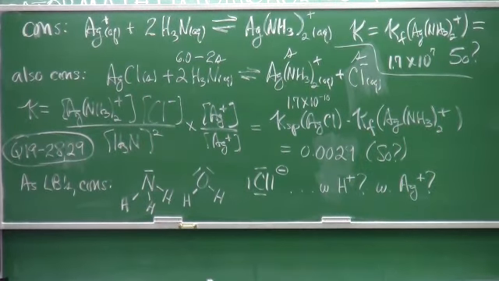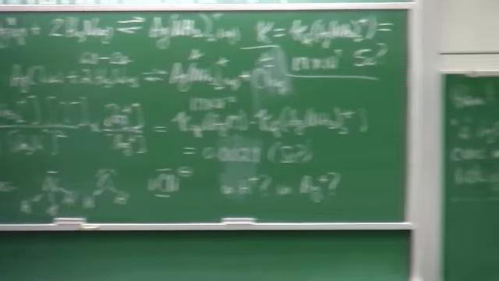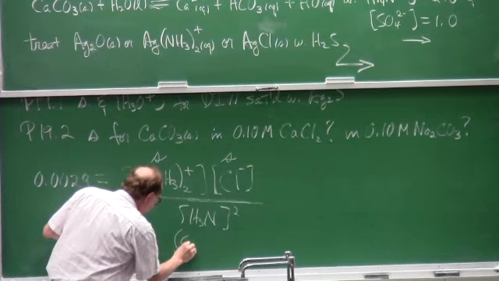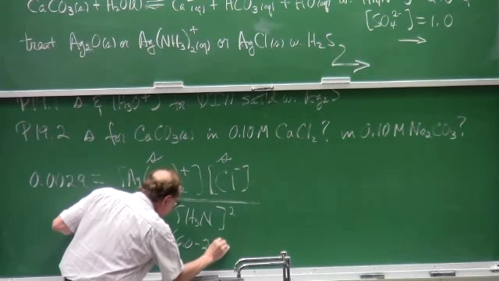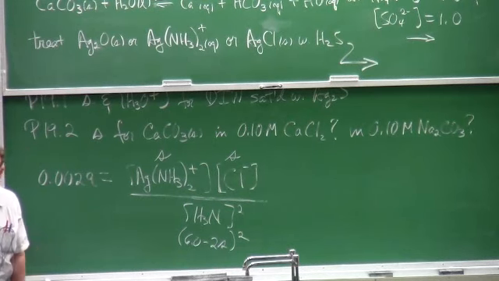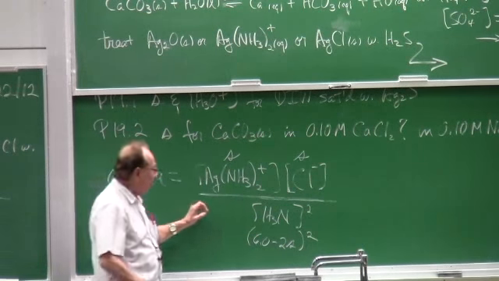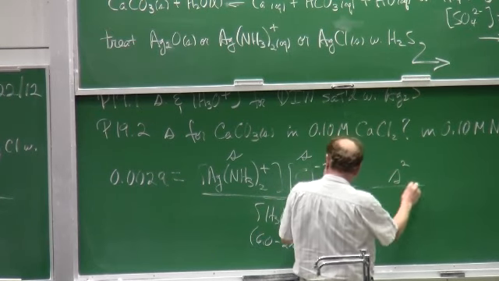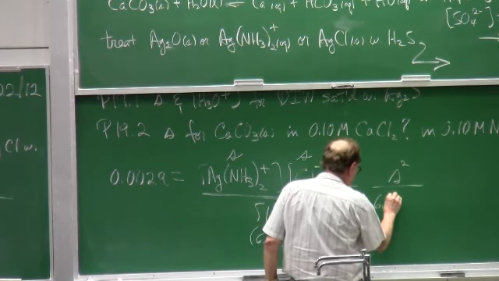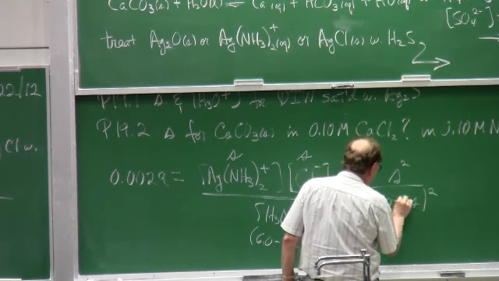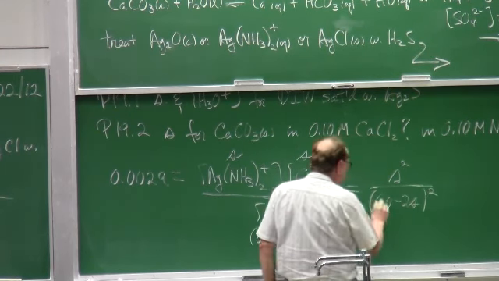So we go back to our equilibrium expression, and recognize that algebraically it turns into s squared over the quantity 6.0 minus 2s quantity squared.